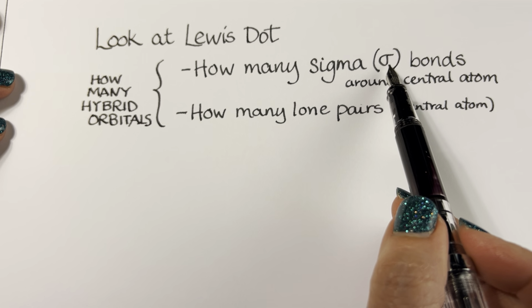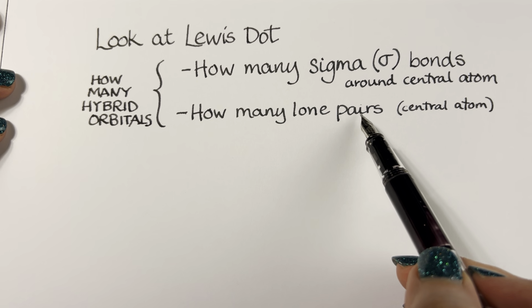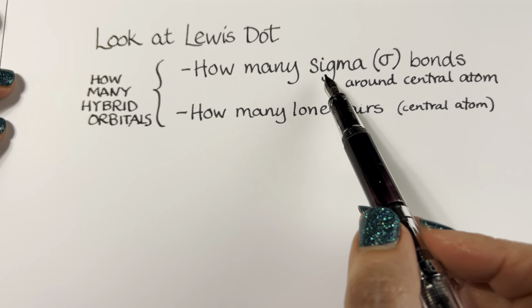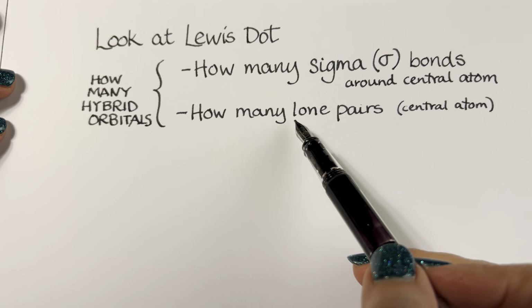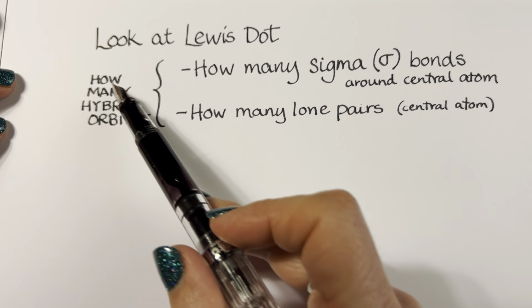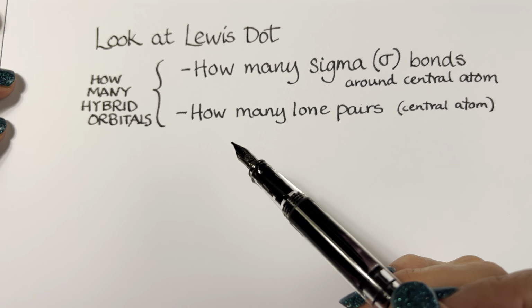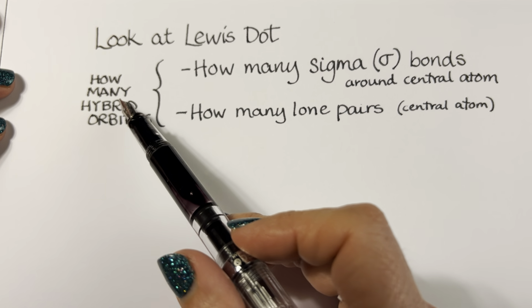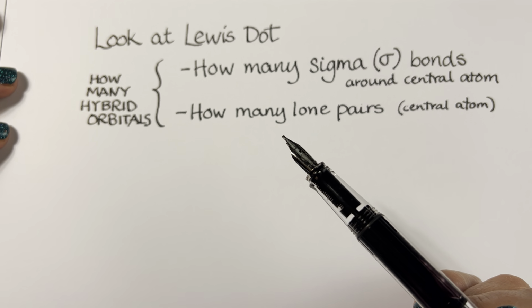If you have 3 sigma bonds and 1 lone pair, you need 4 hybrid orbitals. If you have 2 sigma bonds and 2 lone pairs, that adds up to 4. You need 4 hybrid orbitals. So if you can answer this question, you then know how many hybrid orbitals you need.